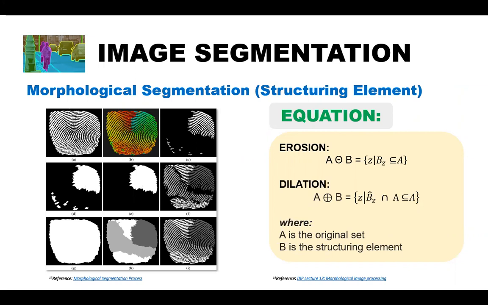We have two types of morphological segmentation to discuss, and these are erosion and dilation. We will be discussing this using an animation to illustrate how erosion and dilation differ from each other.